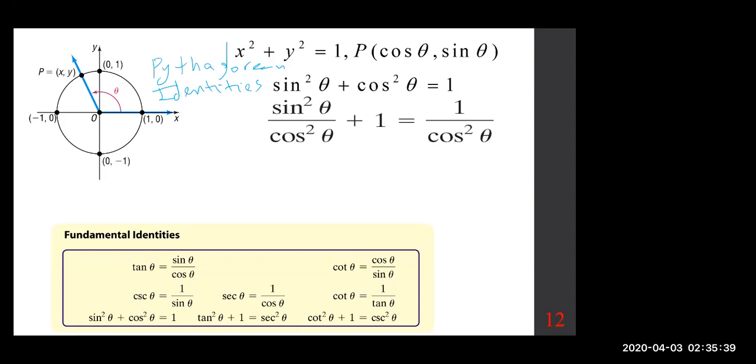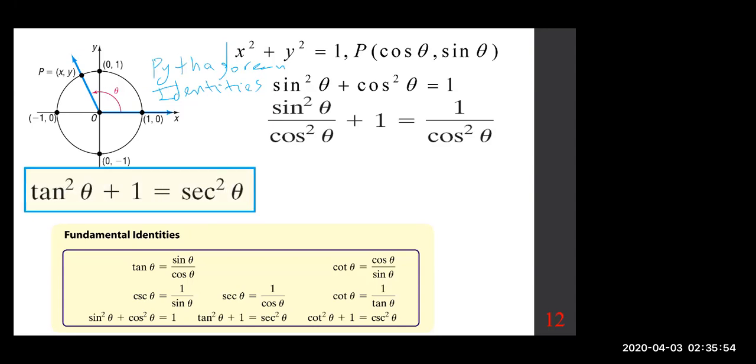What is sine squared over cosine squared? It'd be tangent squared. That's it. Tan squared, okay? Plus 1, because we're dividing both sides by cosine squared, so tan squared plus 1, and the right side? Secant squared.